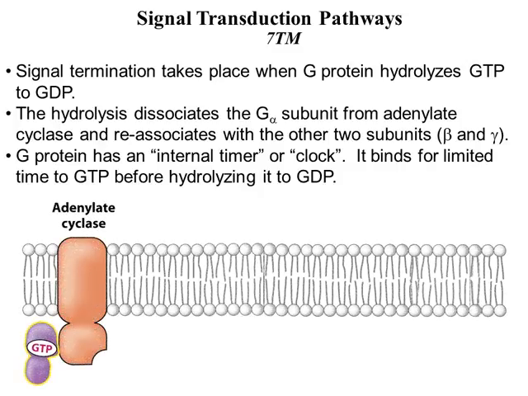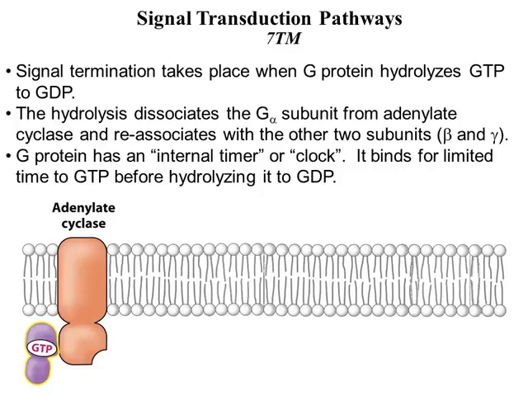As I mentioned, the G protein has an internal clock, if you will. It's a timer. It binds to GTP for a limited time. In other words, it hydrolyzes GTP to GDP very, very slowly, just enough time to produce enough of that cyclic AMP.